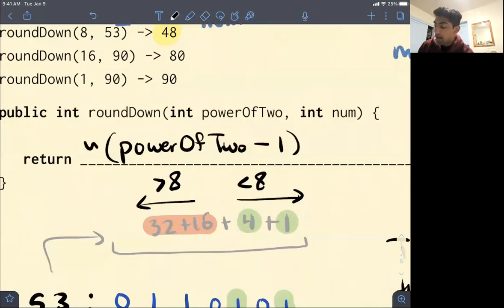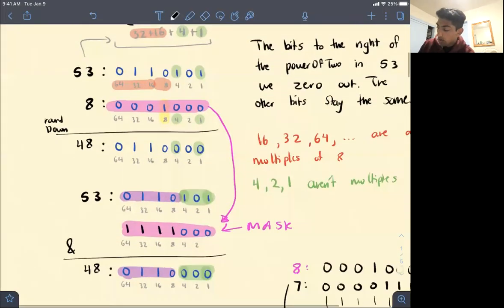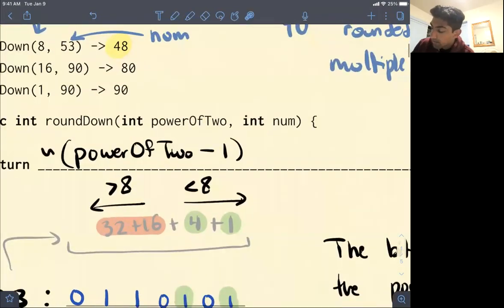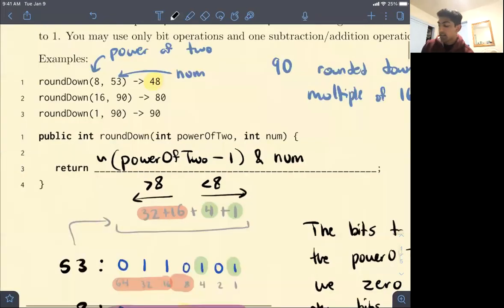And now that I have my mask, I want to AND my original number with my mask to get my rounded down number, right? So the original number ANDed with my mask gives us our answer, okay?